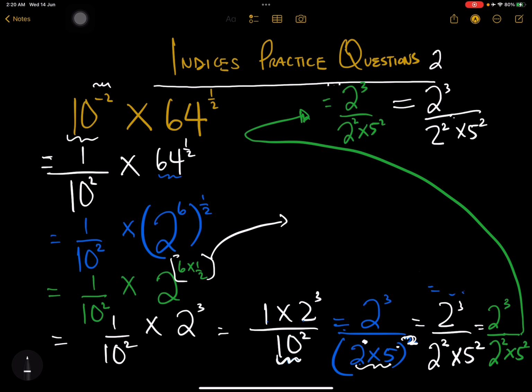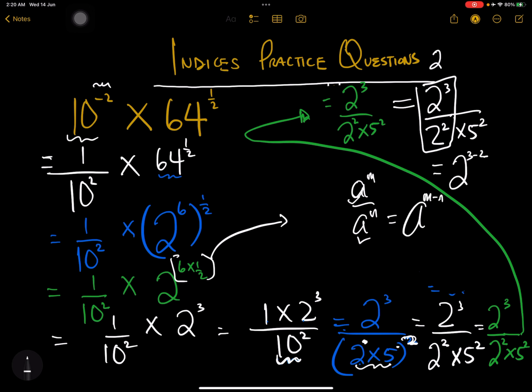Now, we can work this out because we said that if you have a^m divided by a^n, the bases are the same, so we subtract their indices, a^(m-n). So we're going to have 2 to the power of 3 minus 2, divided by 5 squared, right?